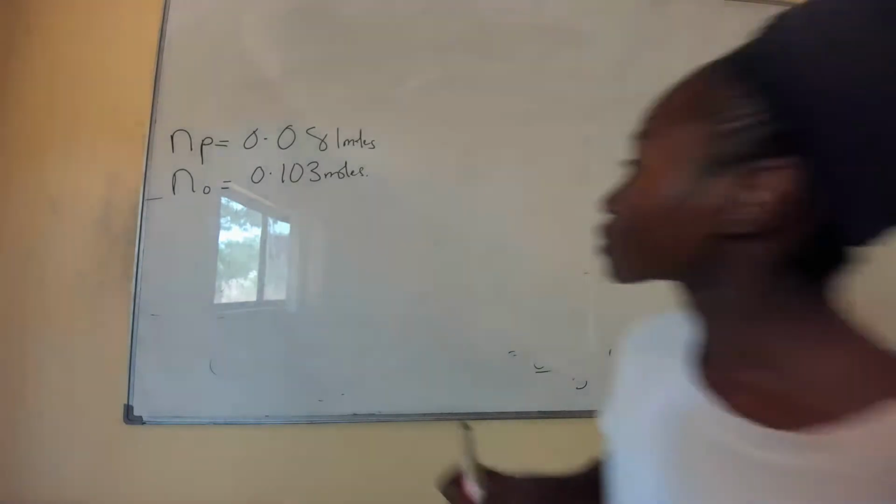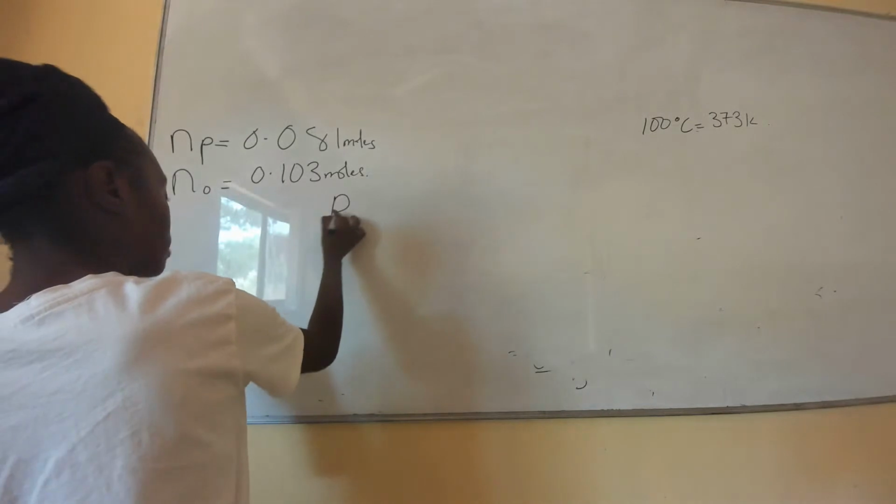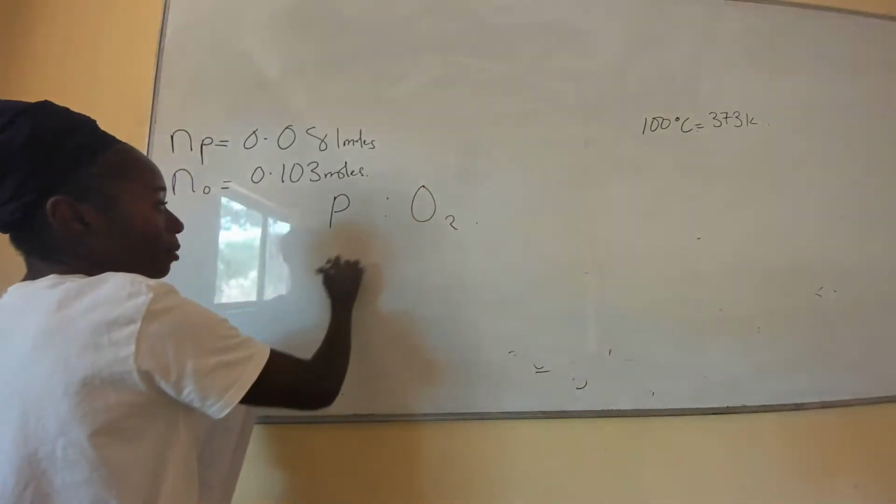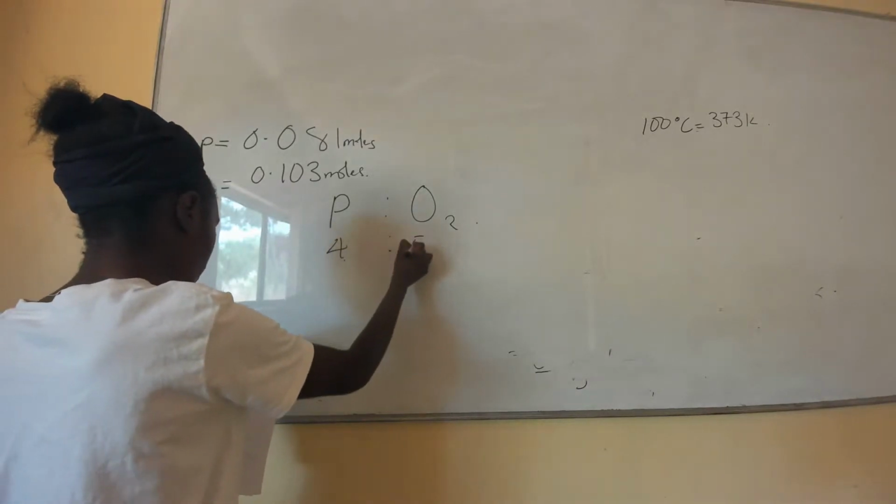So we're going to say phosphorus to oxygen. So we introduce them, remember the molar ratio was 4 to 5.